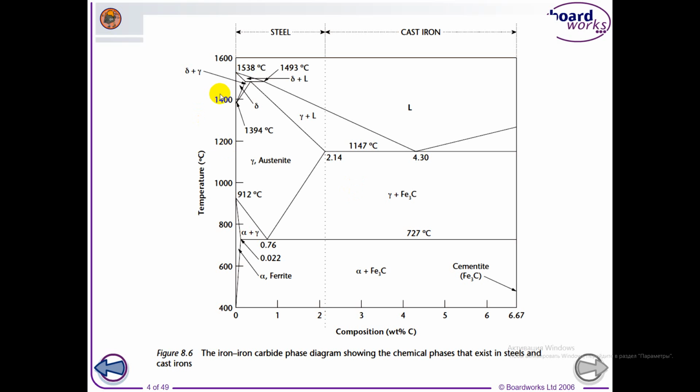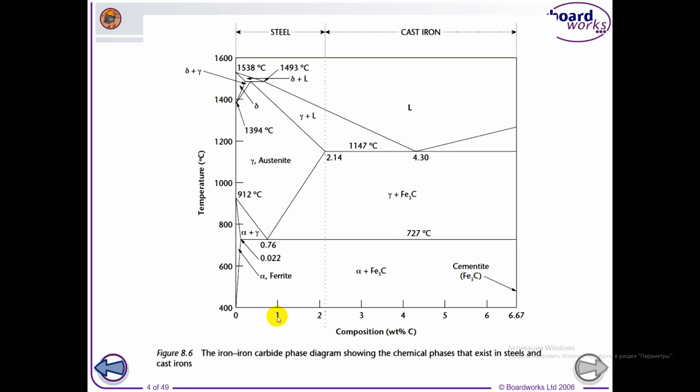From the iron-iron carbide phase diagram, it's important to note that steels contain up to 2.1 weight percent carbon, and it's also usually less than 1%.